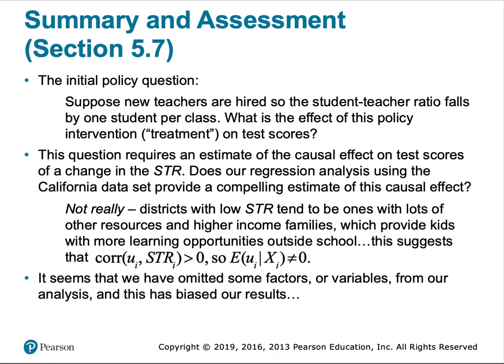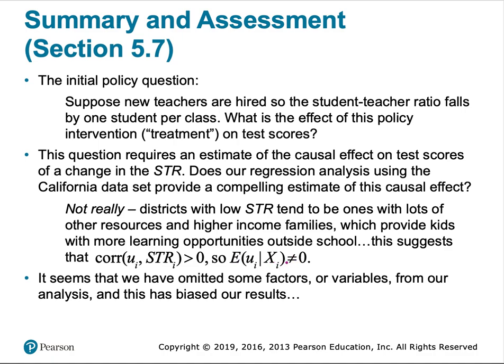This suggests that the correlation between the OLS residual and the student-to-teacher ratio is positive, because we have confounding factors in the OLS residual that are related to the student-to-teacher ratio. So they are correlated. The correlation is positive. So we have failed. Assumption number 1 is not valid.